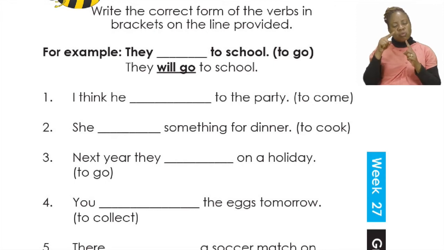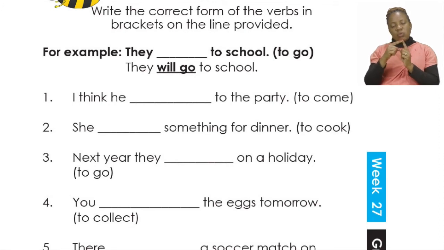Now, if it must or will still happen in the future, you will then say, they will go to school. Okay. Now you will see at the end of all the other sentences in brackets, you have the verbs that you have to turn into the simple future tense.